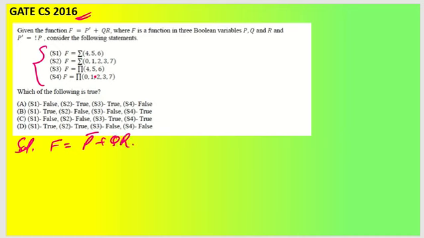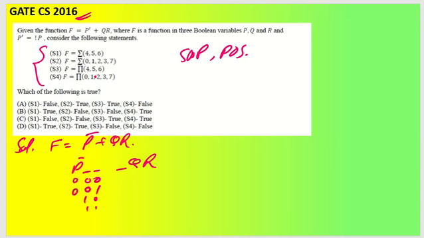Now if I try to express this in terms of min terms and max terms, summations or multiplications, that is SOP form or POS form, then what will happen? I can write it down as p bar qr, and then p is missing actually, then qr. So I can have the possibilities 0 0 0, 1 1 0, 1 1.